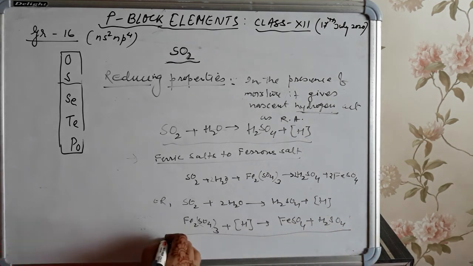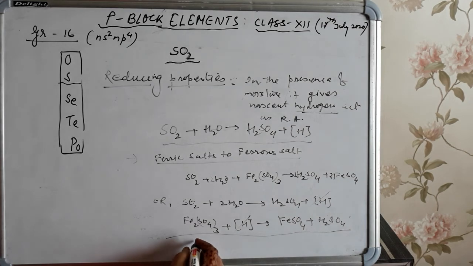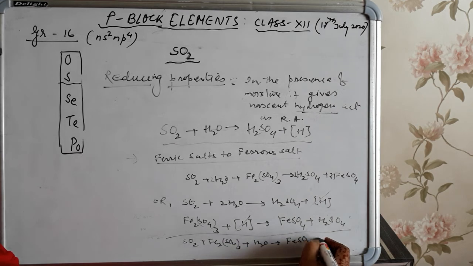So balance this equation and cancel out the common terms. So we will get sulfur dioxide, ferric sulfate plus water, giving ferrous plus H2SO4.